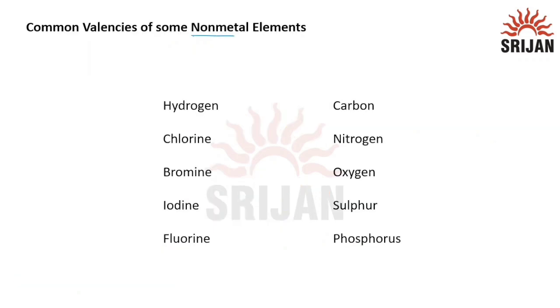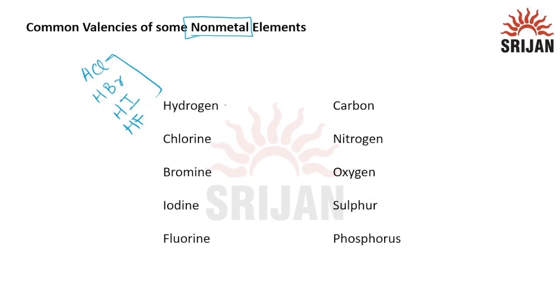Common valency of some non-metal elements. Have you seen compounds like hydrochloric acid, HCl, hydrobromic acid, HBr, HI, HF? In all these compounds, hydrogen is bonded with one chlorine, one bromine, one iodine, and one fluorine.